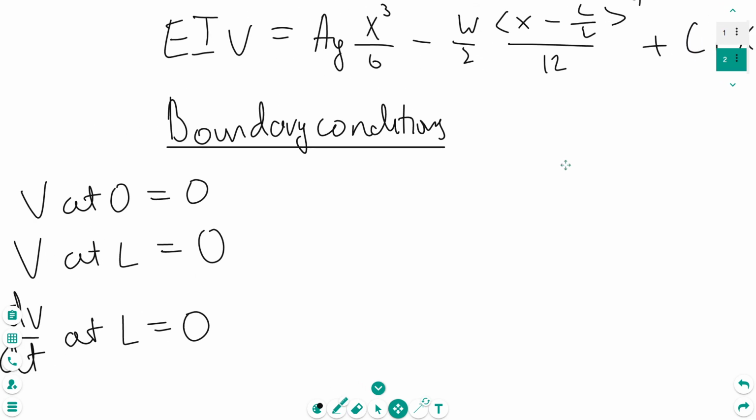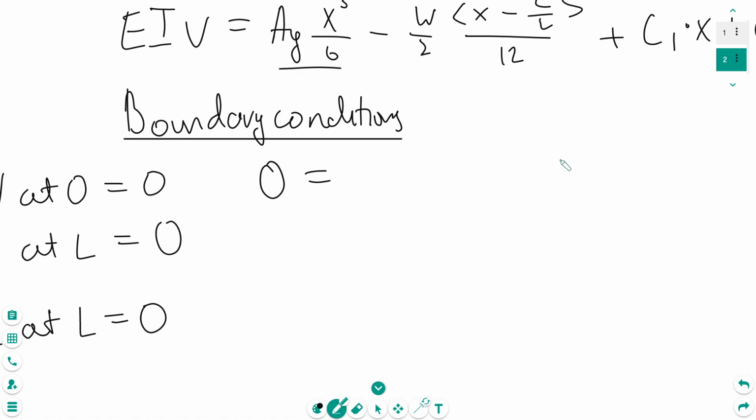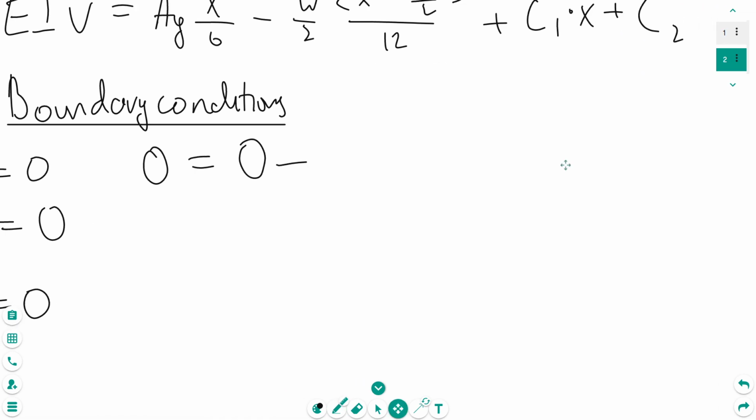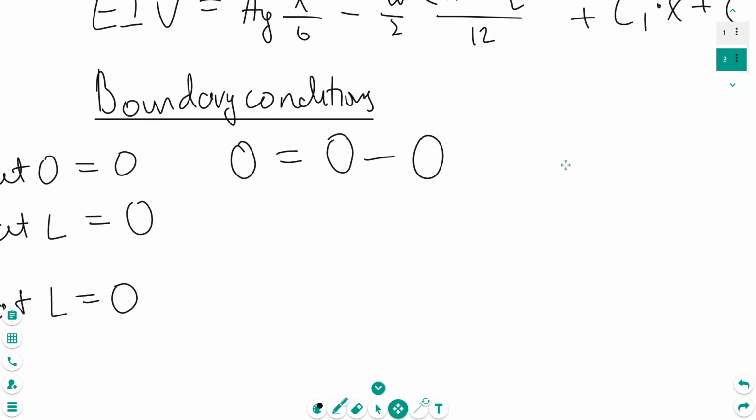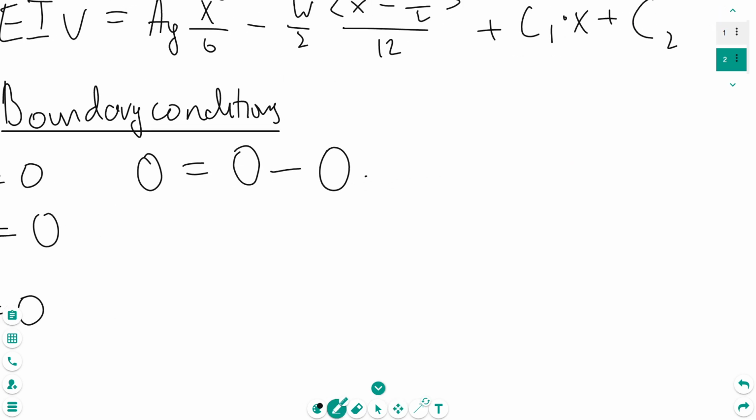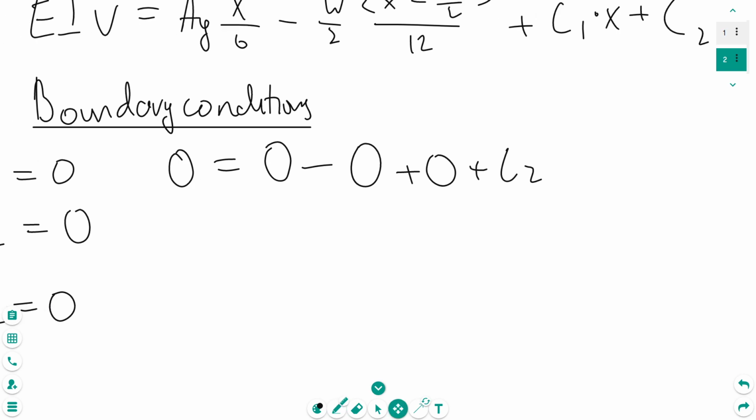If we plug it back into the equations, I can look at this one and write that 0 is equal to 0 minus 0 plus c1 times 0 plus c2. This therefore means that c2 is equal to 0.